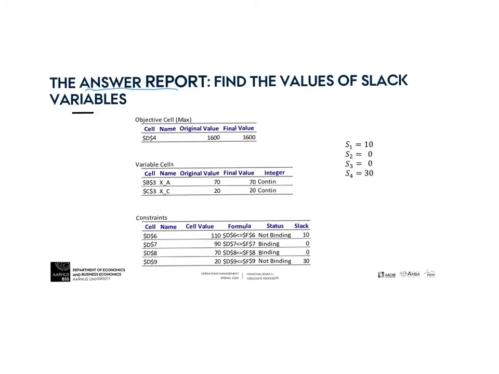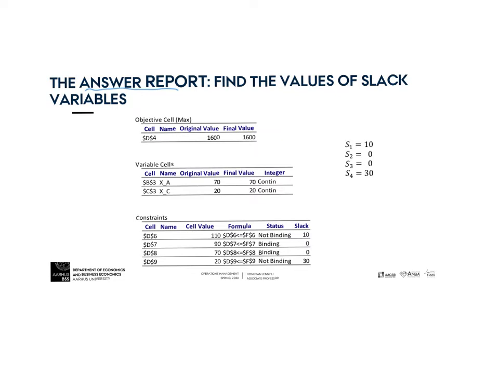When we use Excel Solver to solve the LP models, in the result window there are options you can choose to show the answer report and the sensitivity report. This page shows you the answer report. Now let's see the content in this report.